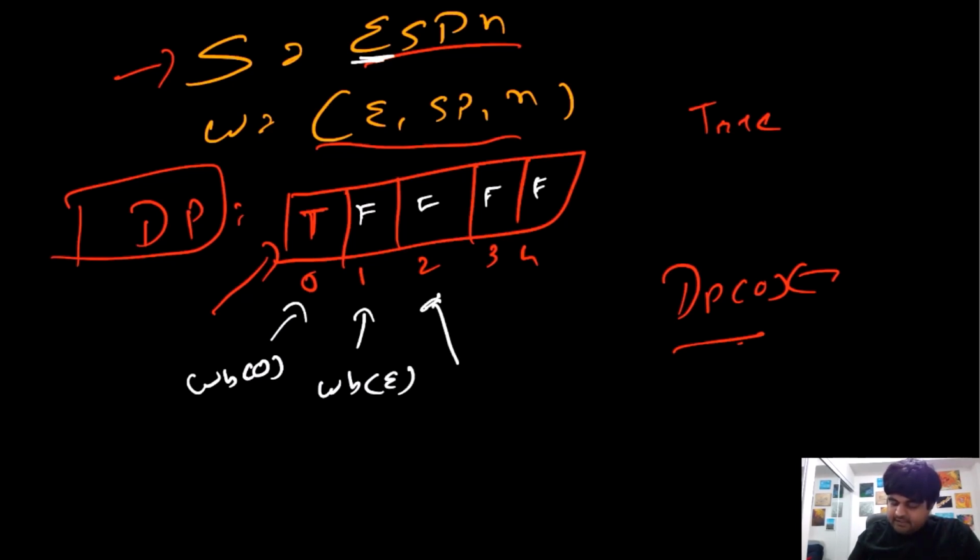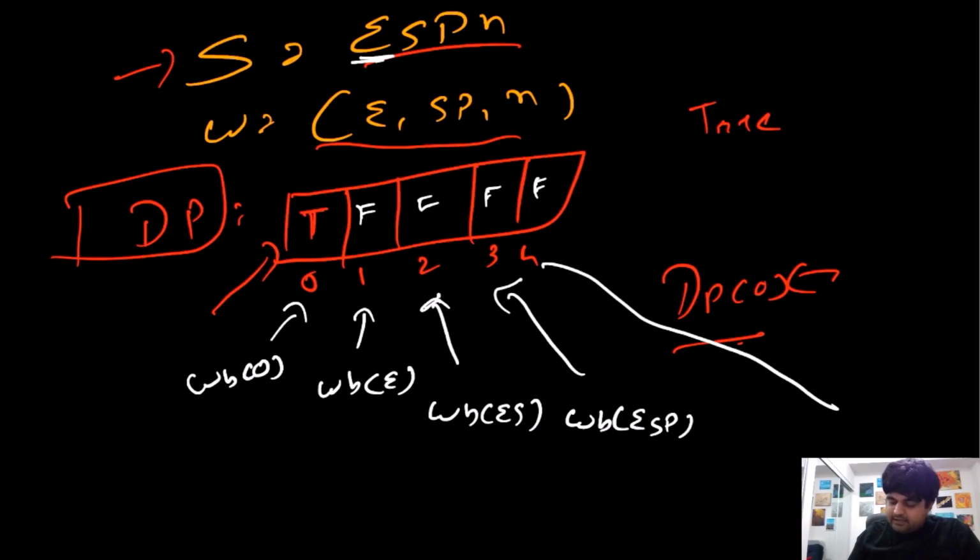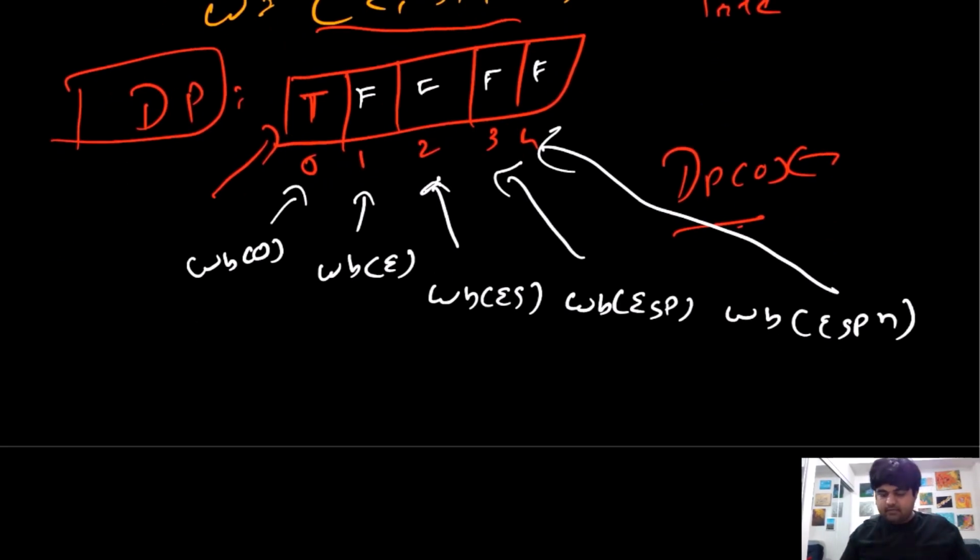This represents the word break of value es. This represents the word break of value esp, and this one represents the whole word, so word break of the value espn. And yeah, at the end, whatever result we find over here, if we just return that, that would be our perfect solution.